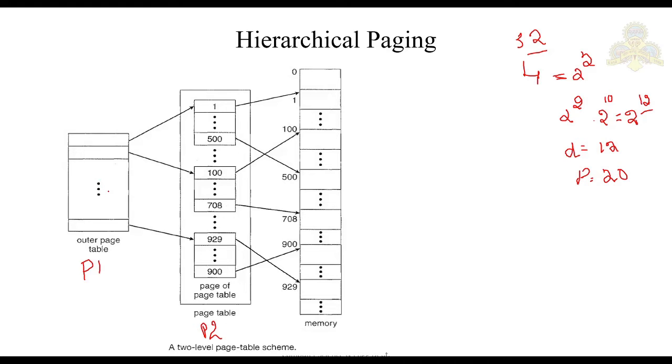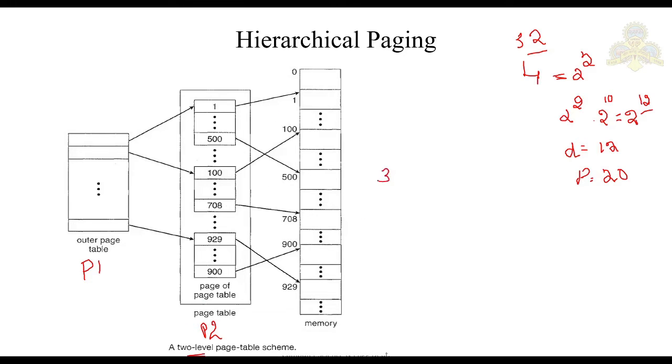This offset is nothing but some location in the inner page table. Now whenever this inner page table has been searched and it produces some frame number, that frame number is added with the displacement, and that value is your actual physical address or the main memory address, right? So this is an example for a two level page table scheme.